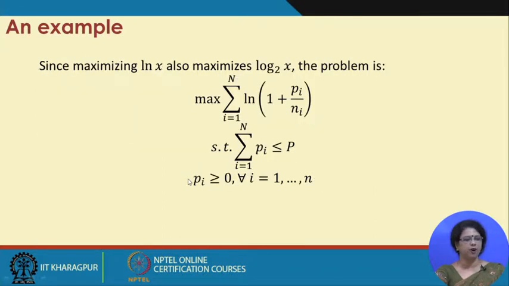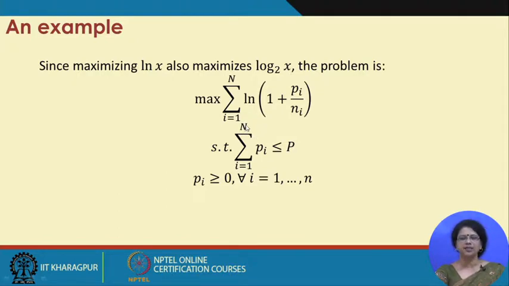That is why if we formulate the problem, then just to see, instead of log base 2 of x we have considered ln x, that is the base e, because we are more comfortable with log values with base 10 and base e.